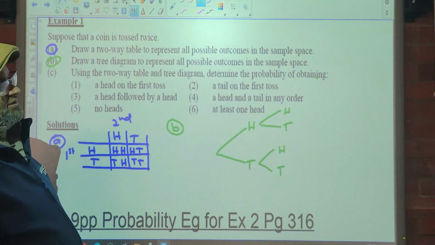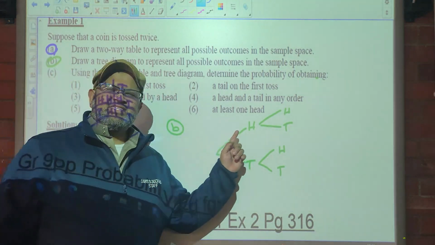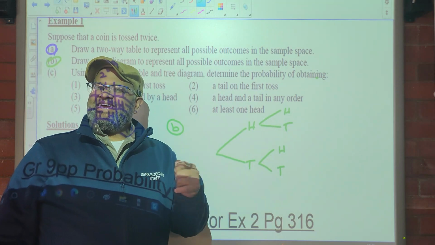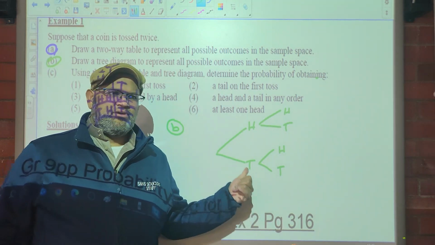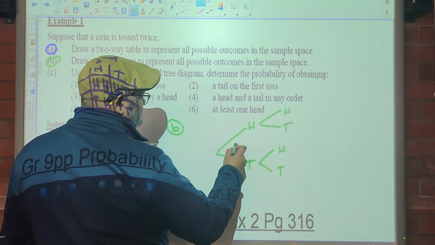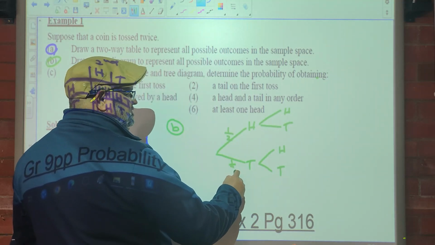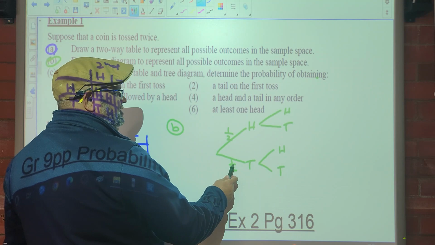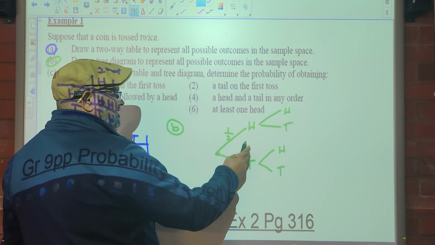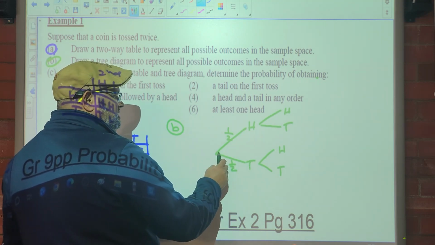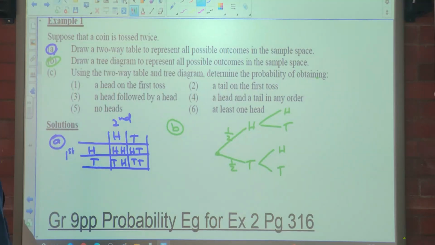Right. So, what is the probability of tossing a heads on your first toss? 1 out of 2. And tails? 1 out of 2. What's a half plus a half? 1. Can you see that wherever the branches meet, we're always giving an answer of 1.